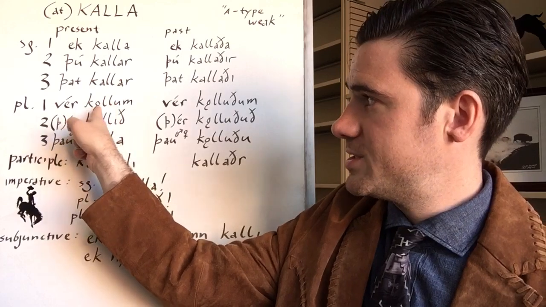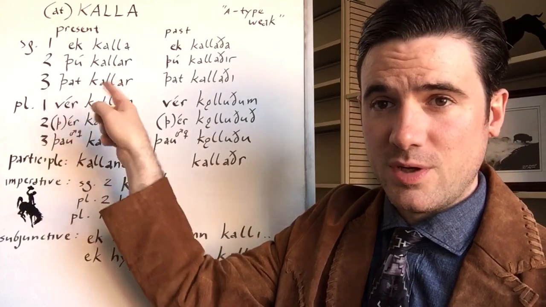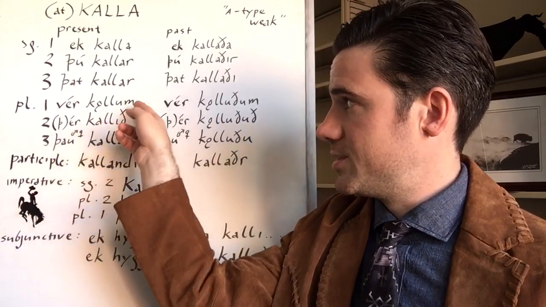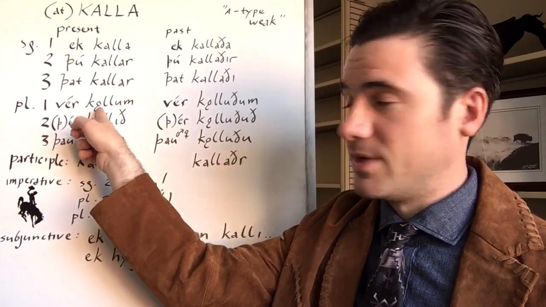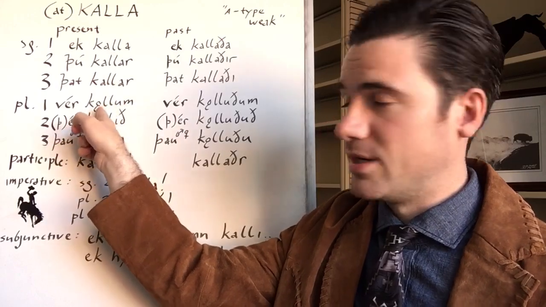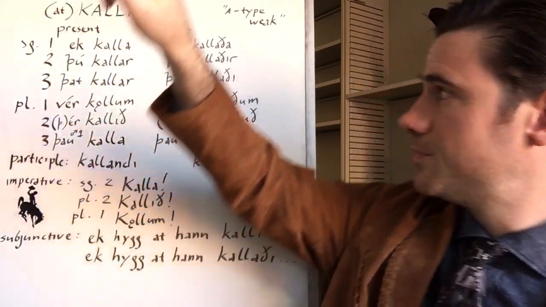The U will always change a preceding A to ǫ, the hook O. So this is a normal, regular operation of a rule in Old Norse. Because this would have been an A, this would be kalum, if this rule didn't operate. The U changes the A into the hook O.